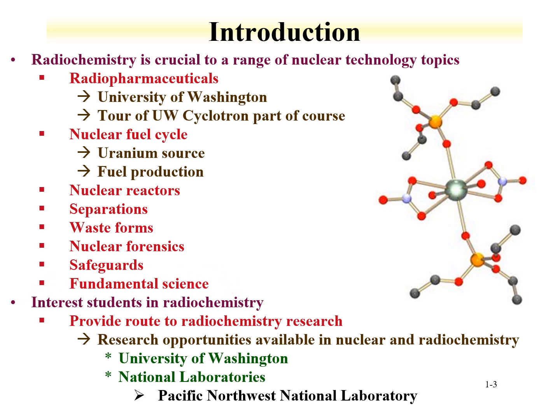An example of some of the fundamental and applied science relative to radiochemistry is shown here, where the structure of uranium and triethyl phosphate is shown. This is based on the separation of nuclear waste using the Purex process, which we will discuss later in the course.